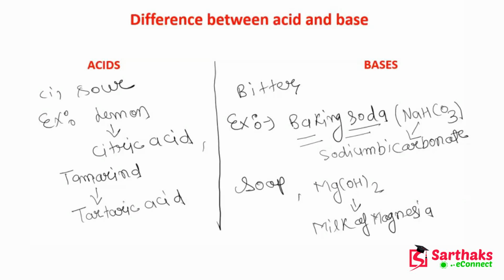Whenever there is an excess of acid in our stomach, we can consume this milk of magnesia, then we will feel relaxed from our acidity. Okay, and guys, this milk of magnesia is used in ENO. I hope guys this thing is clear to you.